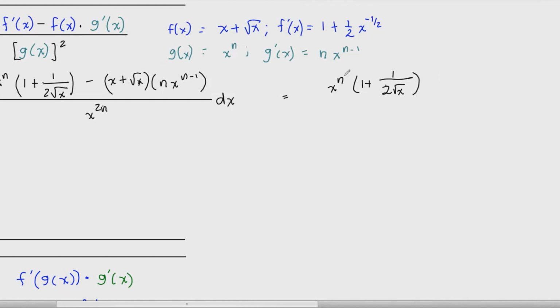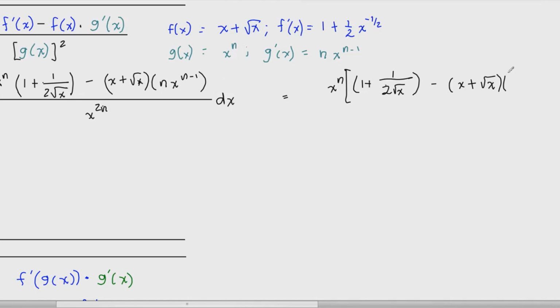So in the second term, as you can see, there's this x to the n minus 1. If I take out x to the n there, this can also be written as n times x to the n times 1 over x.